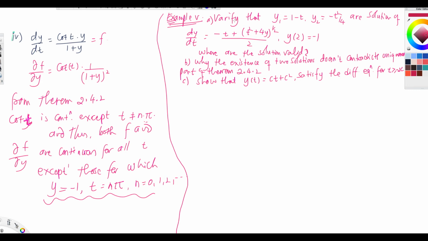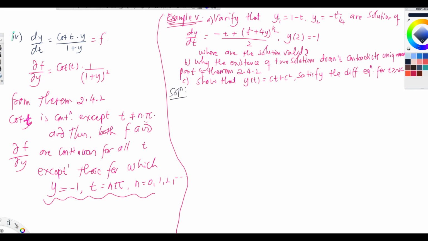But for both existence and uniqueness, you need both of those: the right hand side and the partial derivative must be continuous. All right, let us first do the first part. It says that y1 and y2 are both solutions of this. Let us take y1 equals 1 minus t, okay, solution.